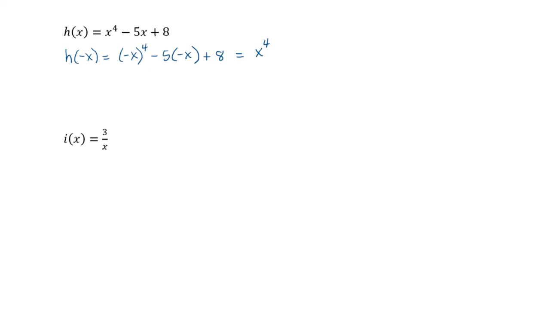Here I have negative 5 times negative x makes a positive 5x, and then plus 8. Now this is not the same as h of x, but it's also not the opposite of h of x either. So this is neither even nor odd. This is neither.